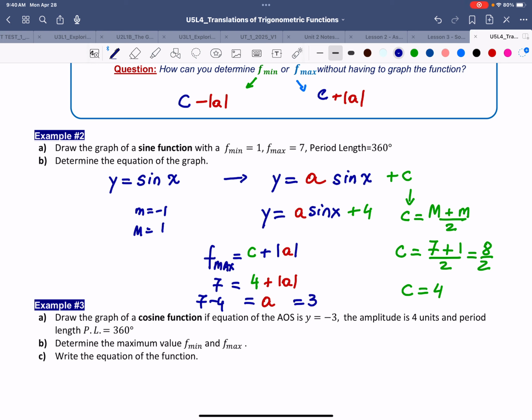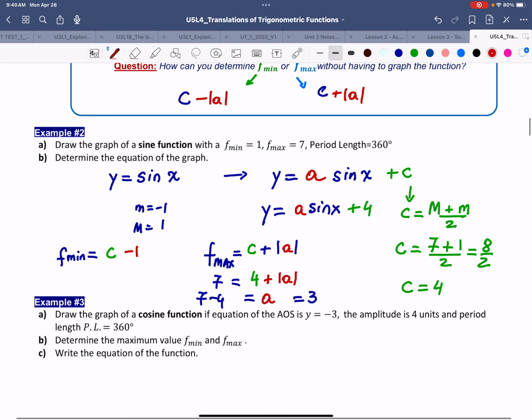So if you try to find the value of a using the minimum, that would be a similar process. So the value of the minimum of the function is, from the axis of symmetry, we go down by the amplitude. So what that means is that 1 equals the axis of symmetry, which is 4, and then minus the amplitude.